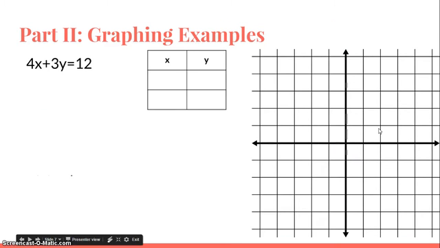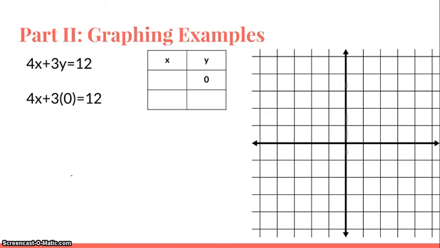Let's look at an example. Here we have the equation 4x plus 3y equals 12, and we're going to graph it by finding the x and y intercepts for this equation. So what we'll first do is find the x-intercept, and to find the x-intercept, you'll see in my table, we're going to plug 0 in for y. Now, 0 equals y. Now our equation looks like this. 4x plus 3 times 0 equals 12.